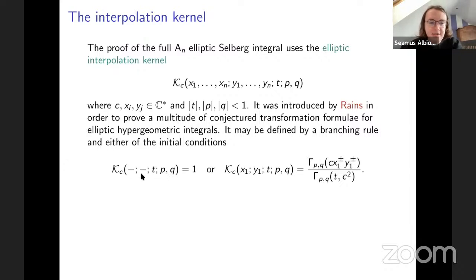You can either take that the kernel with no alphabets is 1, or that the kernel with a single alphabet is this nice product here, which should look familiar. It almost looks like this edge product I had, but there's some fudge factor at the bottom just to make things nice. And here I should say that C is no longer PQ over T to the 1/2. C is an arbitrary non-zero complex number.